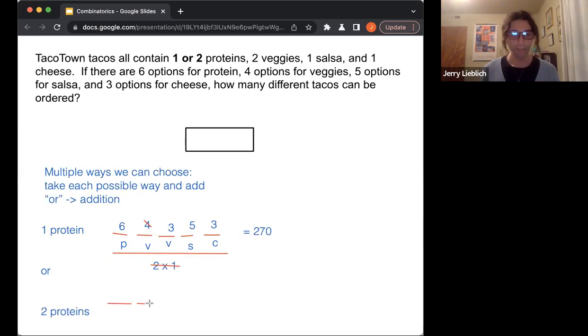Or I could have 2 proteins, in which case it gets set up like this. And we actually did this before. 2 proteins, 2 veggies, a salsa, and a cheese. And now I divide by 2 factorial times 2 factorial.